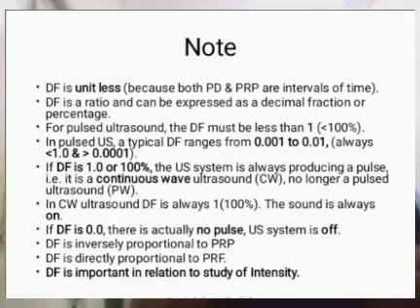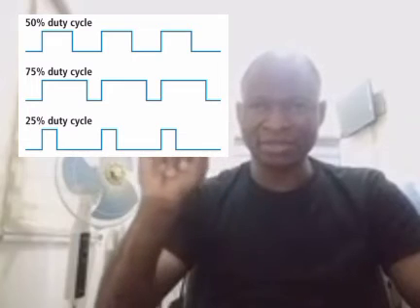For pulse ultrasound, the duty factor must be less than 1, because it's not always emitting sound. It's a pulse, start and stop, on and off. So it has to be less than 1, and usually in pulse ultrasound, a typical duty factor will range from 0.001 to 0.01, and always is less than 1, but it's usually greater than 0.0001.